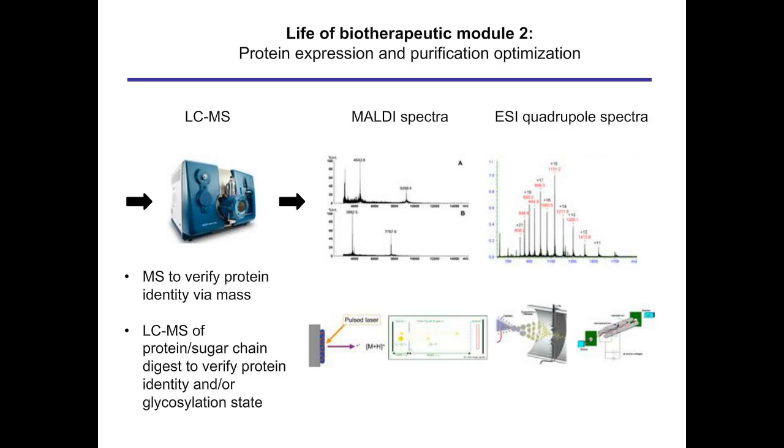In this case, it's immobilized onto a surface, and I show here in the middle bottom a peptide that's been put onto the surface of a gold slide and then hit with a laser.